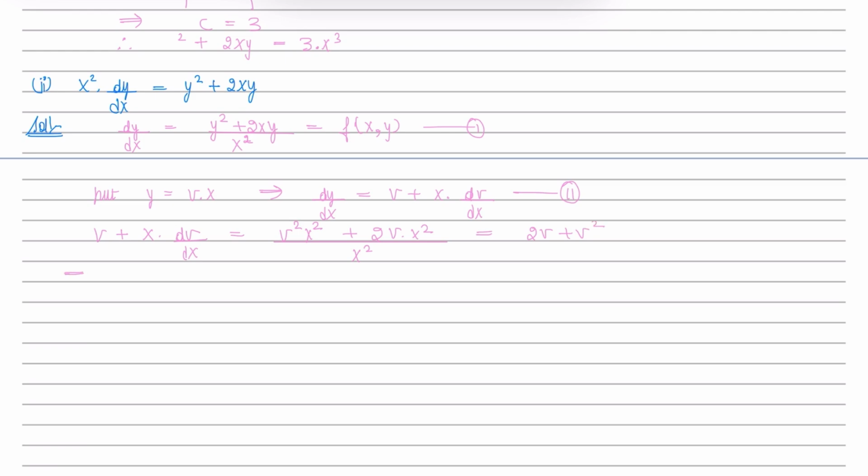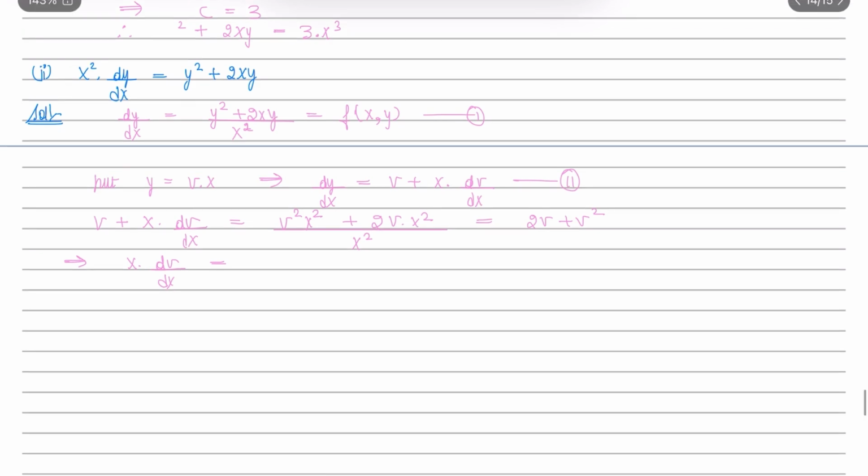Now keeping x into dv by dx term on one side and taking v on the right hand side, this equation becomes v square plus v. Clearly this equation has been reduced to variable separable form, and we can write it as dv by v into 1 plus v is equal to dx by x, integrating both hand sides.